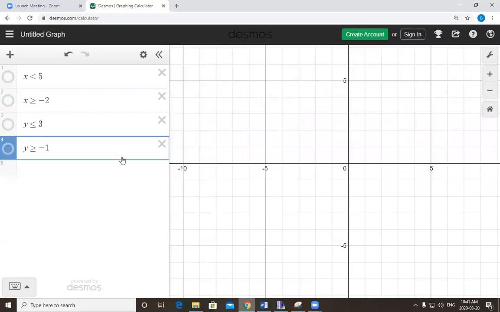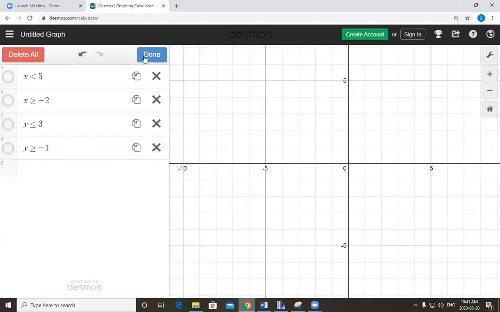All right, so now I will show you how we will put all 4 on the same plane. So first thing I'd like you to do is make sure that all 4 inequalities are going to be shaded the same color. So if you take your cursor and you look at the little gear wheel, that's edit list, you'd click on it. And what you can do then is go back onto the left, click on that circle, and you can select the color.